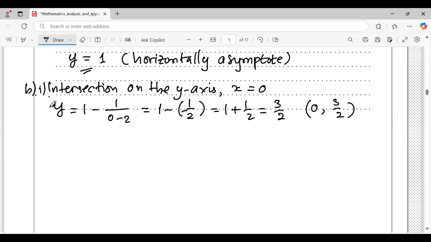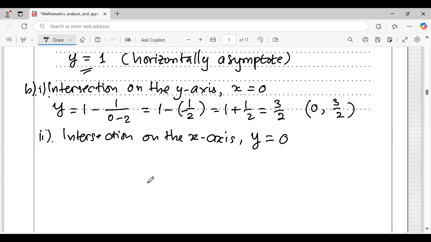Next, this is part 1. The intersection on the x-axis occurs when we set y equals 0. If y equals 0, this equation becomes 1 minus 1 over x minus 2 equals 0.